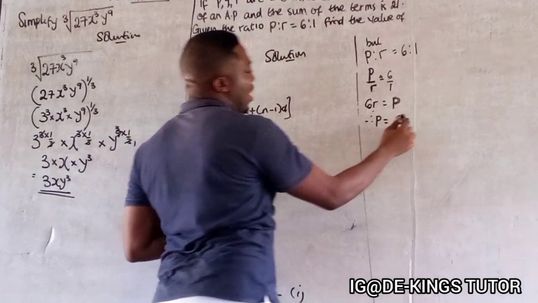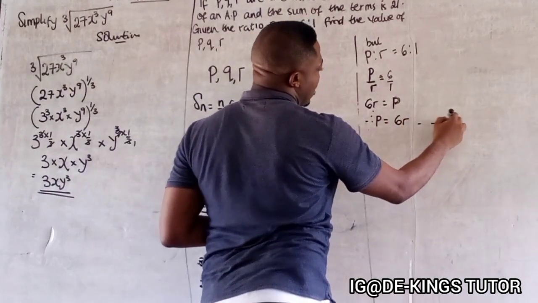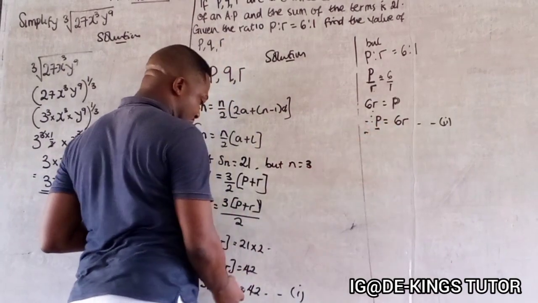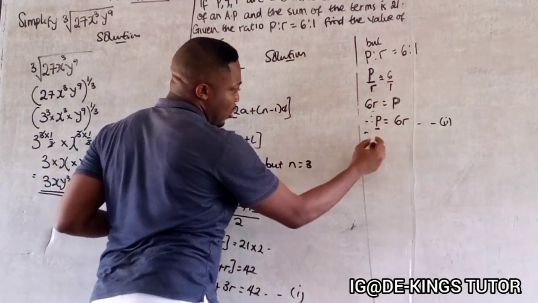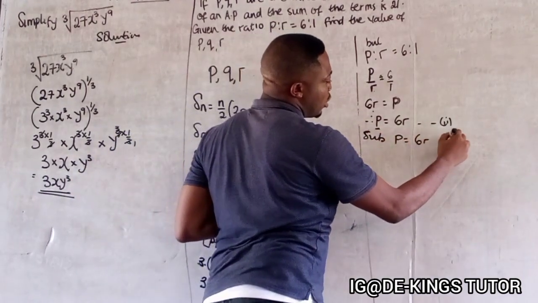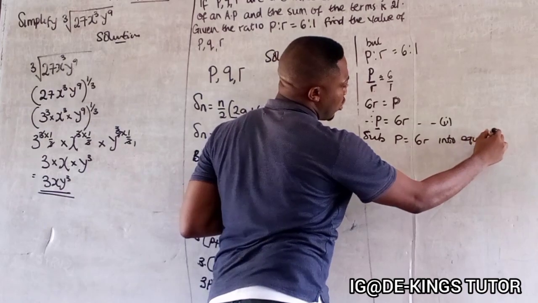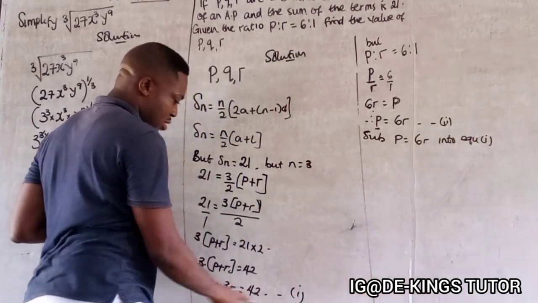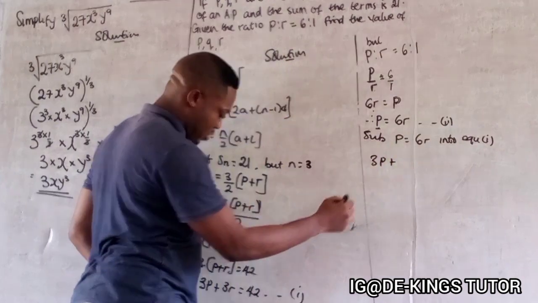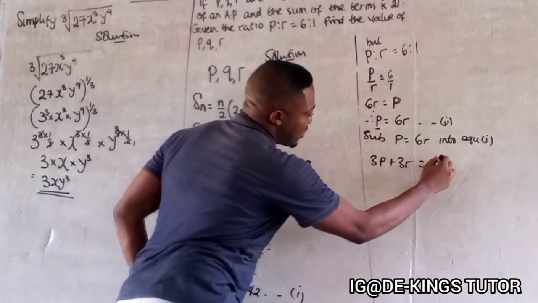Now from here, if we call this equation 2, anywhere I see P, I place 6R. So I substitute P equals 6R into equation 1. That is 3P plus 3R equals 42.